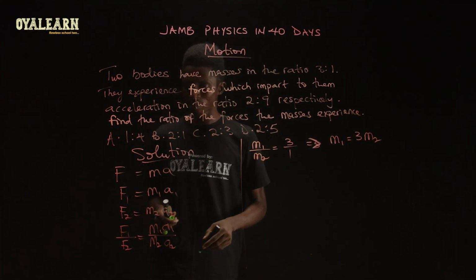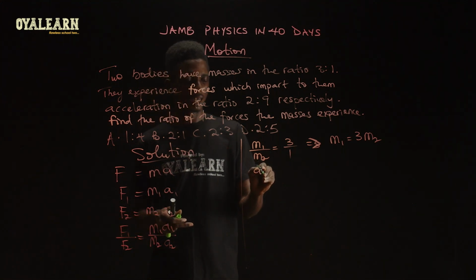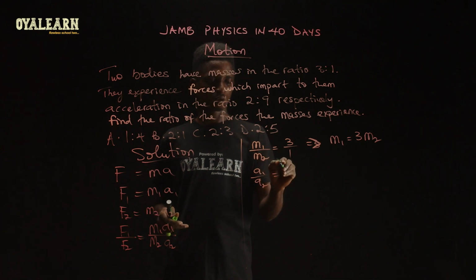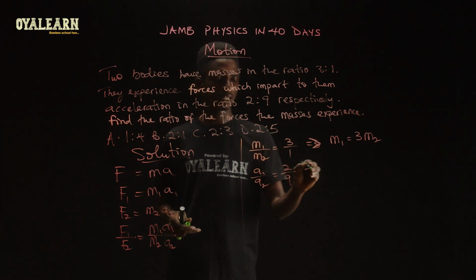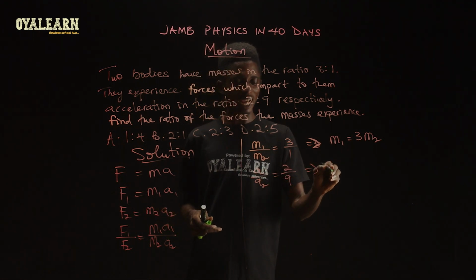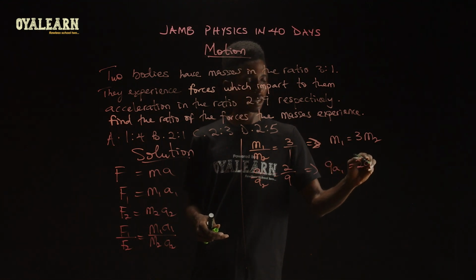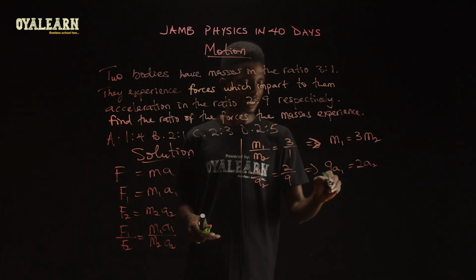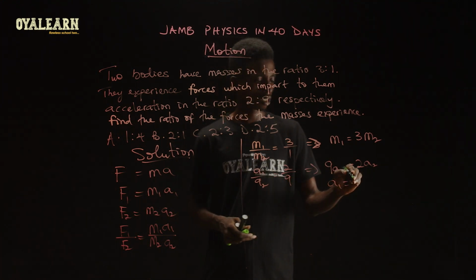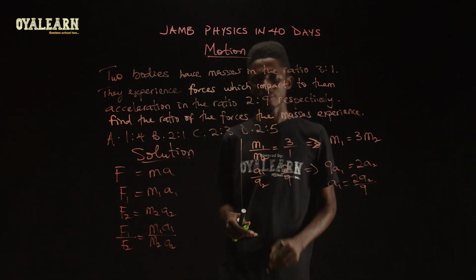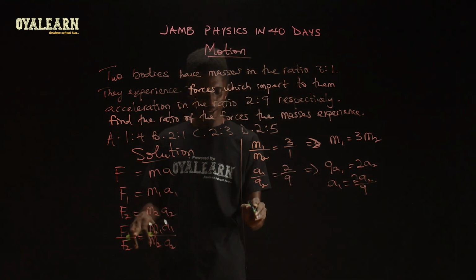Now, let's apply the same thing to acceleration. A1 ratio A2 is 2 over 9. This implies that 9A1 equals 2A2. So that is A1 equals 2A2 over 9.